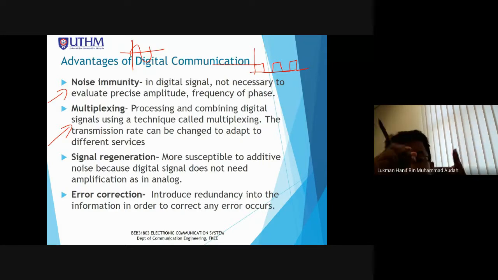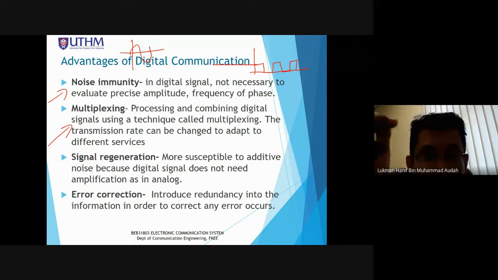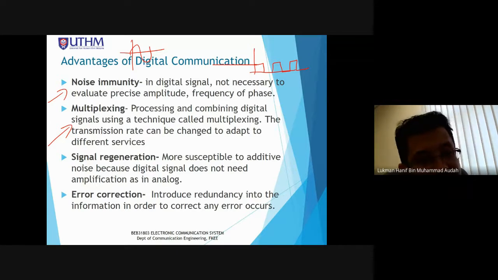Sama bentuknya, logik 1 atau logik kosong. So more easy for us to do multiplex. Lebih mudah untuk kita gabungkan pelbagai input. Kerana setiap input itu hanya ada dua kemungkinan, logik 0, logik 1. So easy for us to do the multiplexing process berbanding dengan analog. Kerana analog ni dia ada pelbagai infinite shape. Dia punya shape itu infinity. Dia tidak boleh dipredik dengan mudah. Okay, so easy to multiplex.